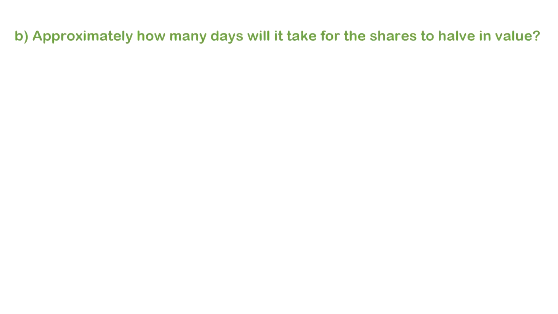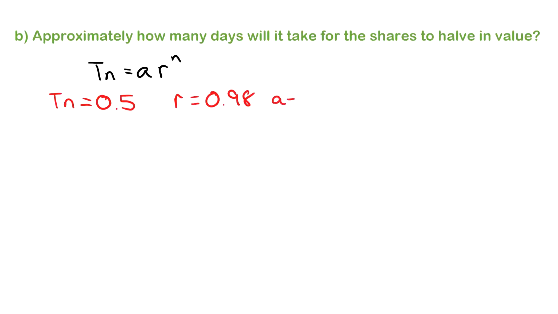The next one: approximately how many days will it take for the shares to halve? This time we're given a goal and we need to find the days, the N value. With Tn = ARⁿ, our Tn this time is our goal, half, 50% or 0.5. R is still 0.98, and our starting value is 1, so we don't need to worry about it.